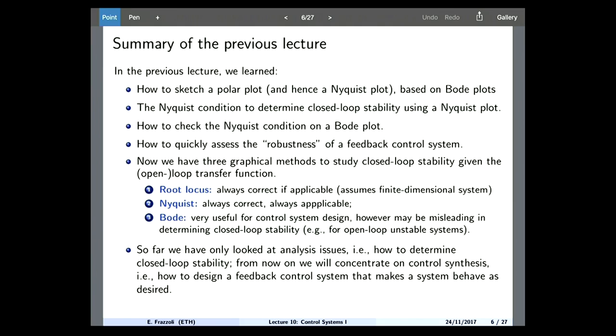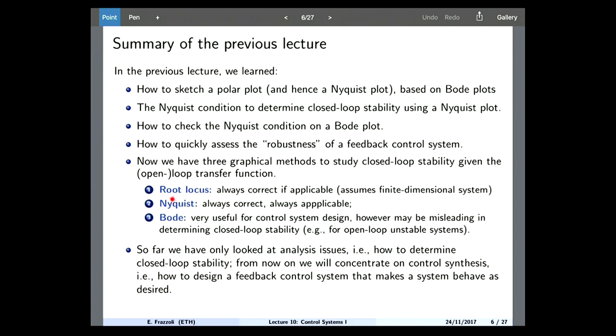And typically you close them in the clockwise direction, okay? Then we looked at the Nyquist condition, how to check the Nyquist condition on the Bode plot, right? And how to quickly assess the robustness of a feedback control system by looking at the gain margin and phase margin, okay? At this point, we have looked at 3 methods for assessing the stability of the closed loop based on the knowledge of the open loop transfer function.